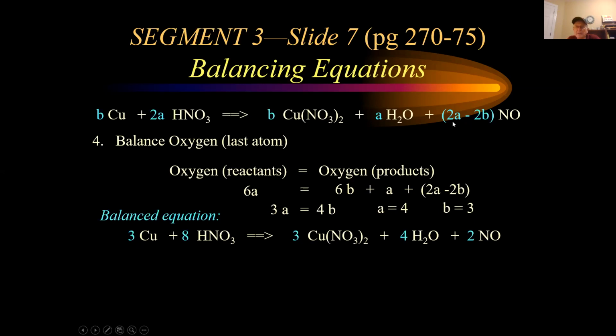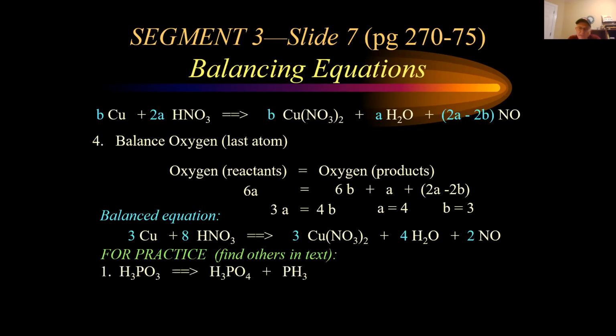And then A is 4, so 4 times 2 is 8, B is 3, 3 times 2 is 6, 8 minus 6 is 2. So the coefficient in front of NO is 2. So 3, 8, 3, 4, 2 is the balanced equation. Okay? All right. Now, there are other examples that you can follow in the text and practice on them.